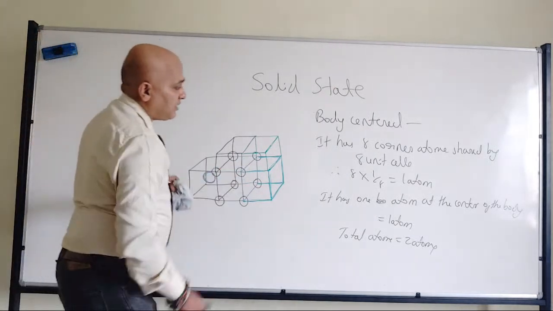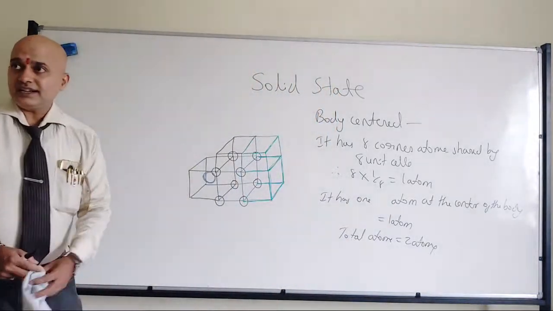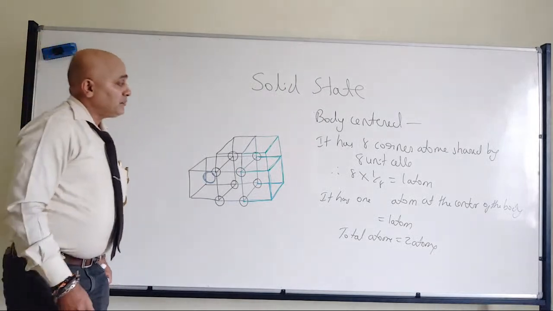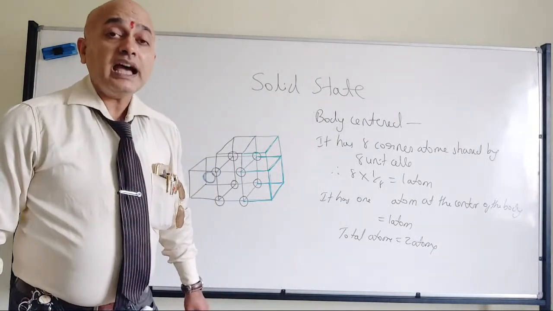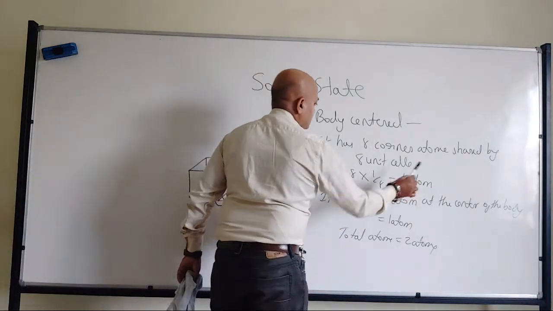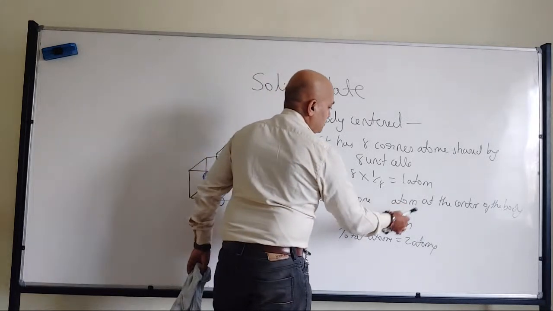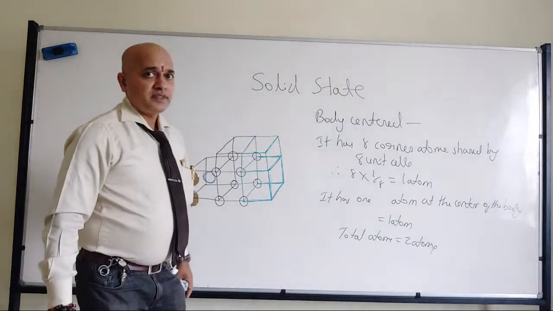So that's where we have the body centered unit cell, calculating the number of atoms in a body centered unit cell. Each one has to be written. Don't simply write 8 into 1 by 8 is equal to 1 atom, and then at the center of the body 1 atom, total 2 atoms.